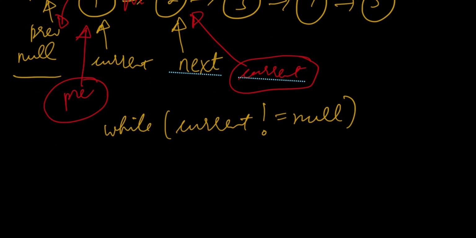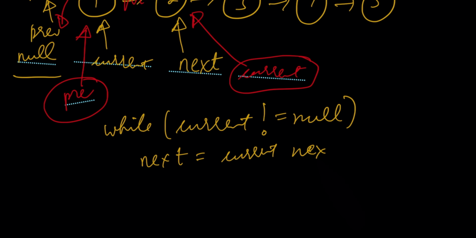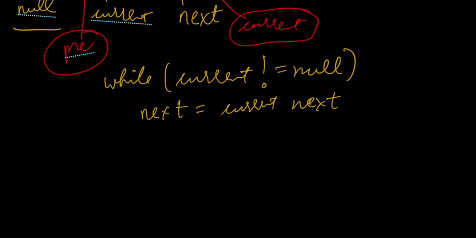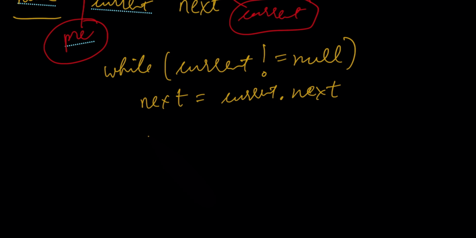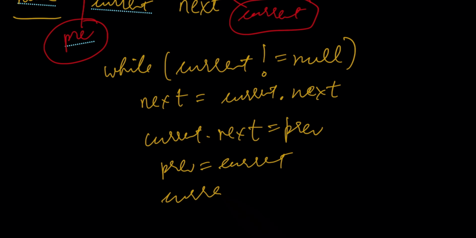So the code would be: first we set next as current.next to avoid losing the reference to the next node, and then current.next equal to previous, and previous is equal to current, and current would be equal to next.